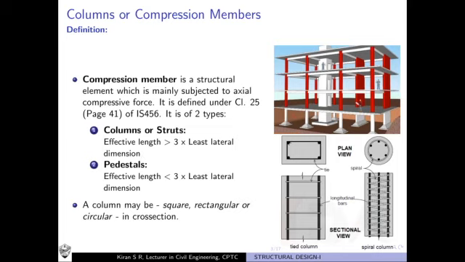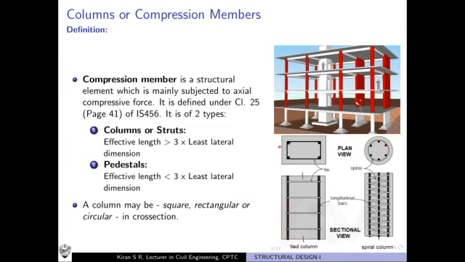Okay, so if you consider the cross section of a column, here you can see these two figures show the plan view of the cross section of columns, typically a rectangular shaped column and a circular column. From the cross sectional view you can find the least lateral dimension of this rectangular shape.